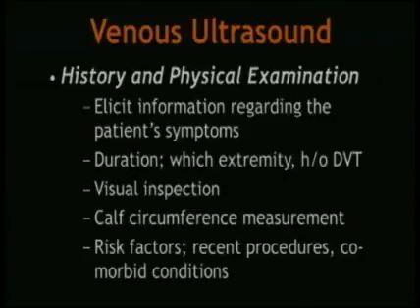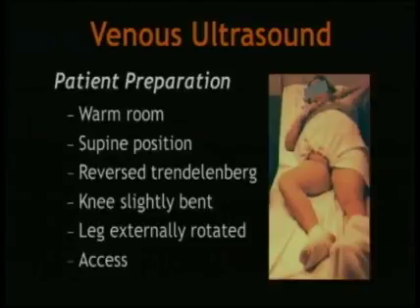Always ask about recent procedures and other comorbid conditions. I think it's also critically important to question the patient about specific areas of pain within the lower extremity that really should be evaluated. Those segments that might fall outside of the typical protocol in terms of ruling out DVT.